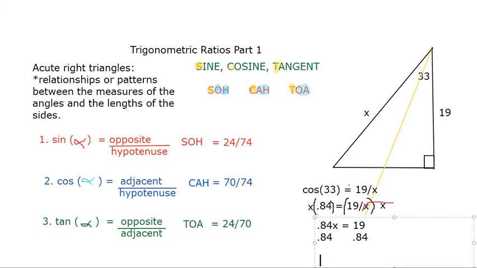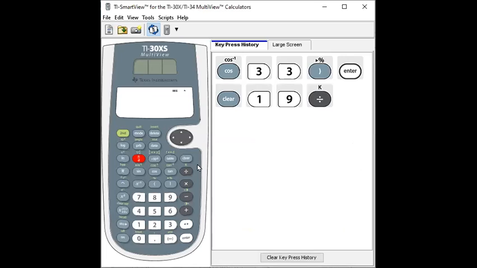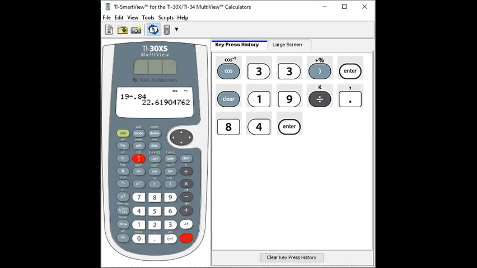We'll divide both sides by this 0.84. And x is going to equal whatever that division is. The 0.84s on the left are going to cancel out, leaving us with just the x. So 19 divided by 0.84 on your calculator gives you 22.6.